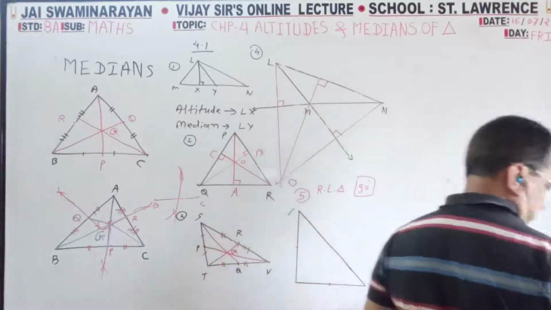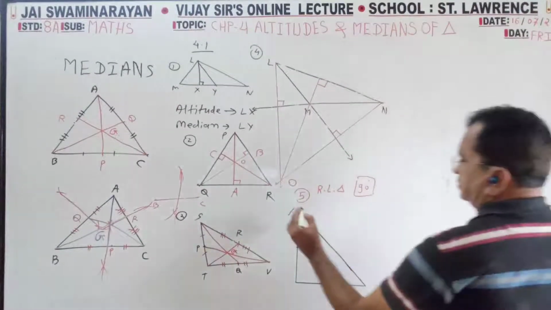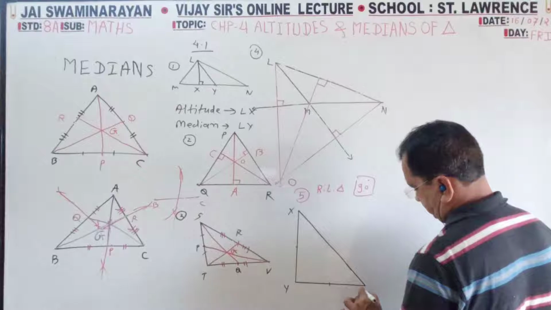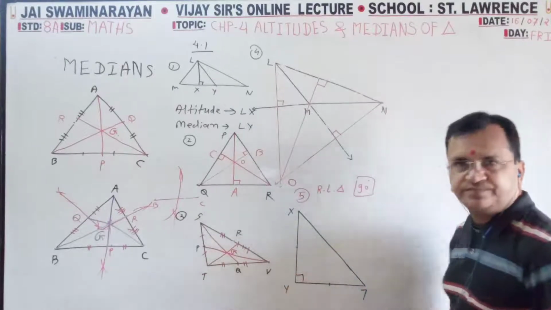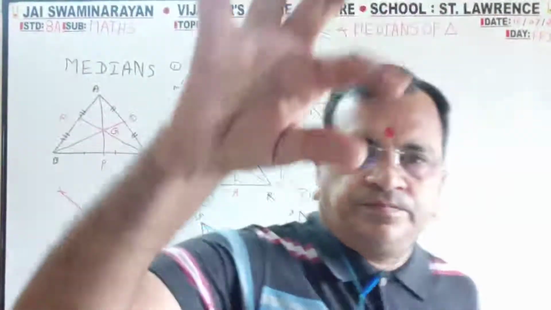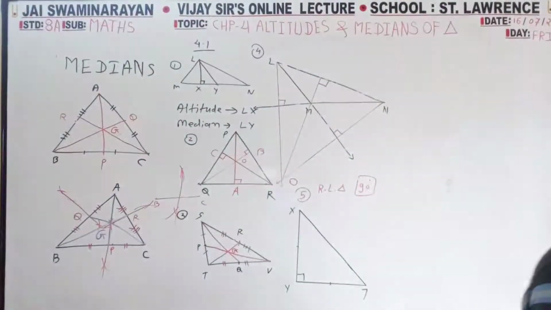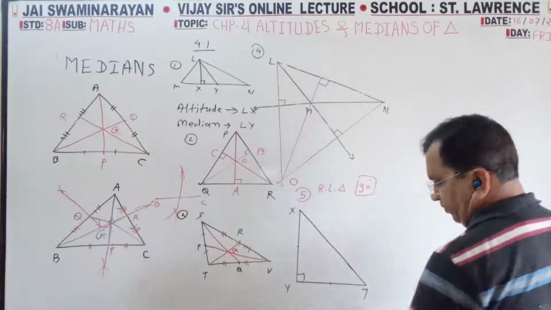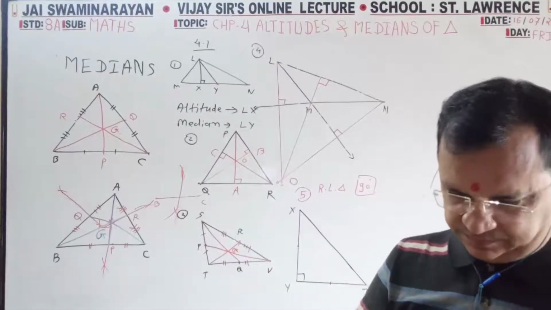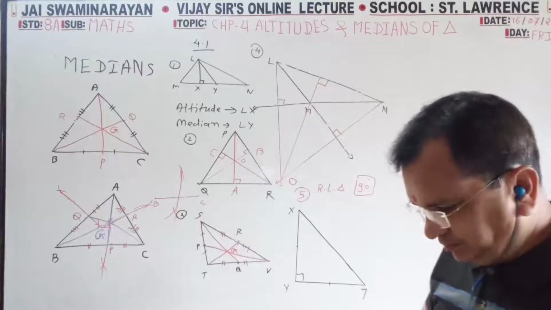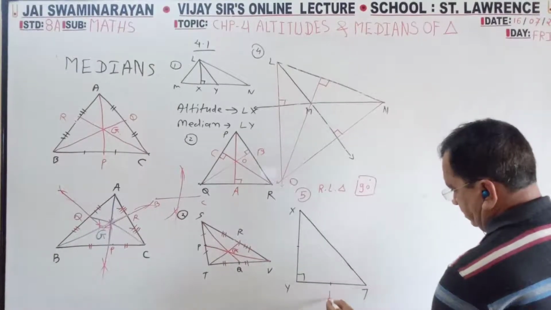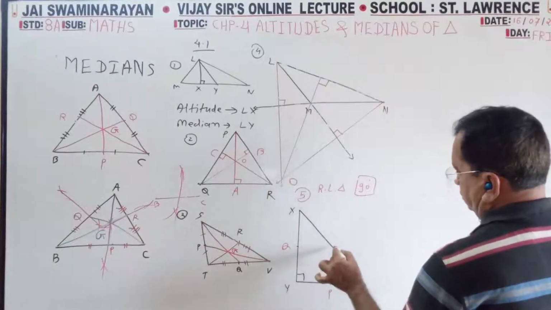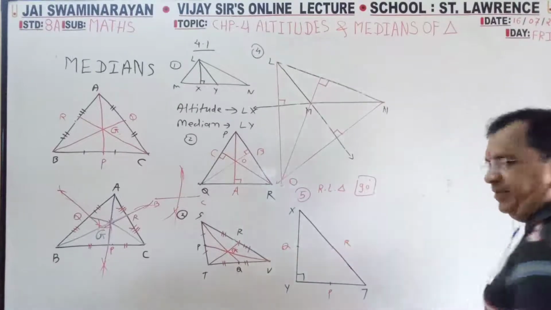Okay, so this is for the fifth. They have given X, Y, Z. Now opposite to X is P. This is Q. This is R. These are the midpoints.